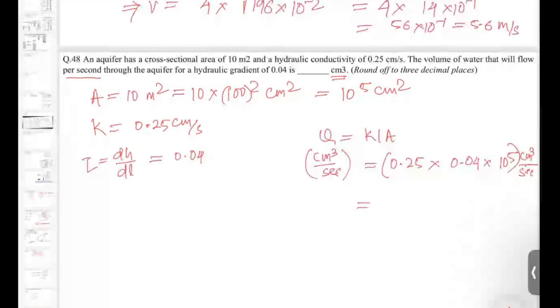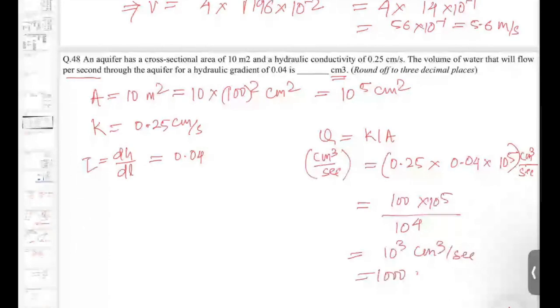This should be 100 into 10 to the power 5 divided by 10 to the power 4. How much is it? This is 10 to the power 3, 1000. Yes, 1000.